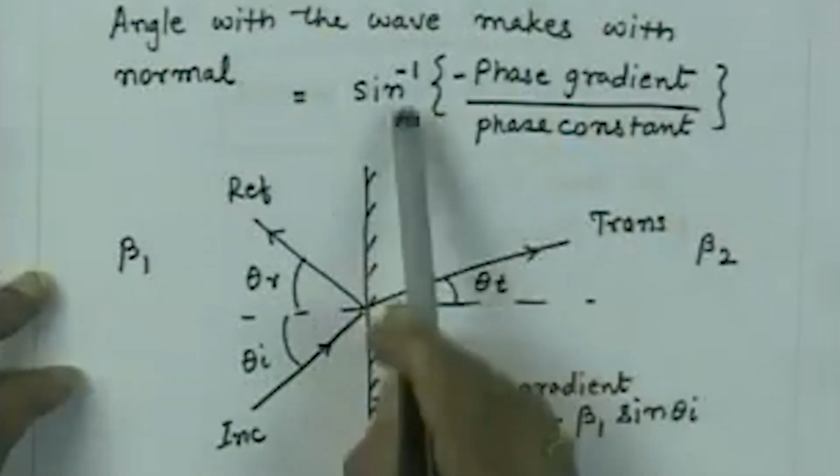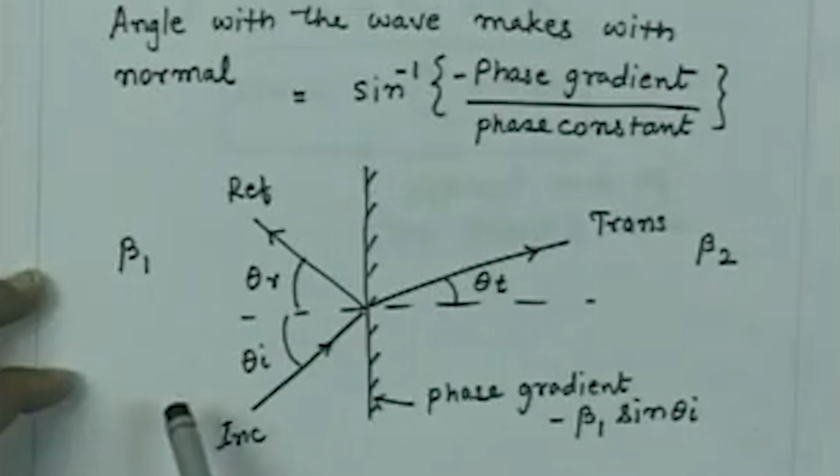So, what we find here is that the fields which are induced have the same phase gradient created on the interface, and from there we can find out the directions in which the waves will be traveling. We found this relation: the angle which the wave makes with the normal will be the sine inverse of minus the phase gradient divided by the phase constant in that medium.